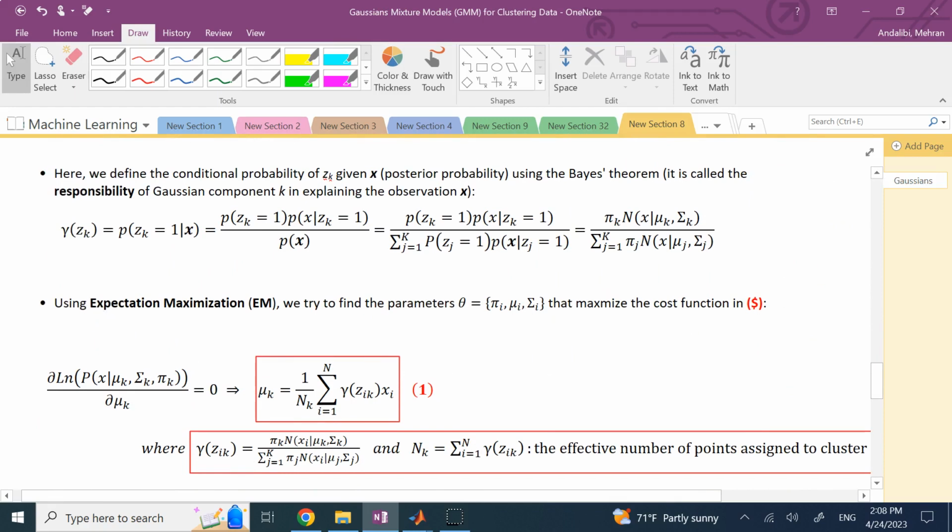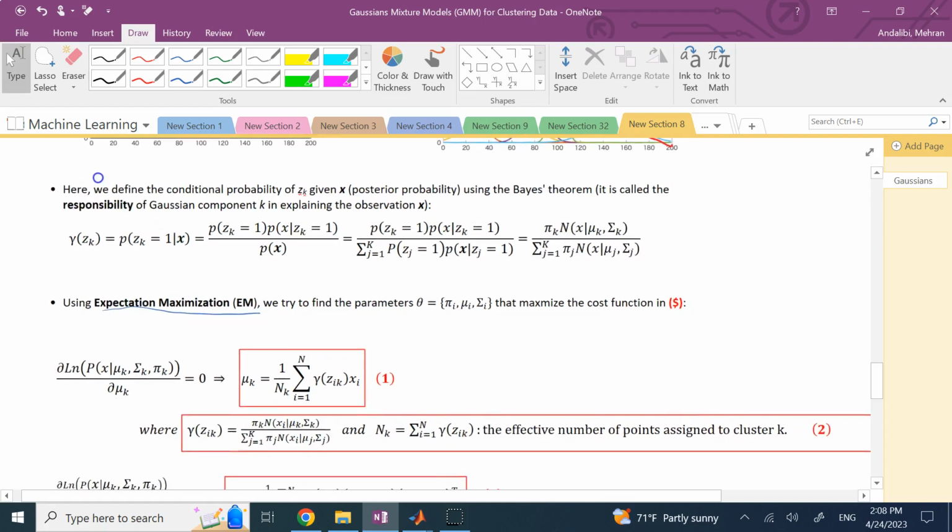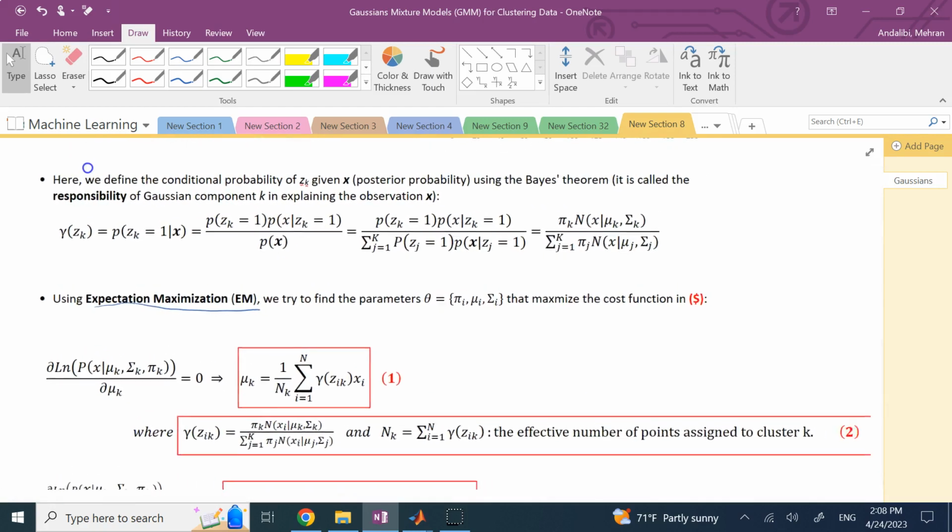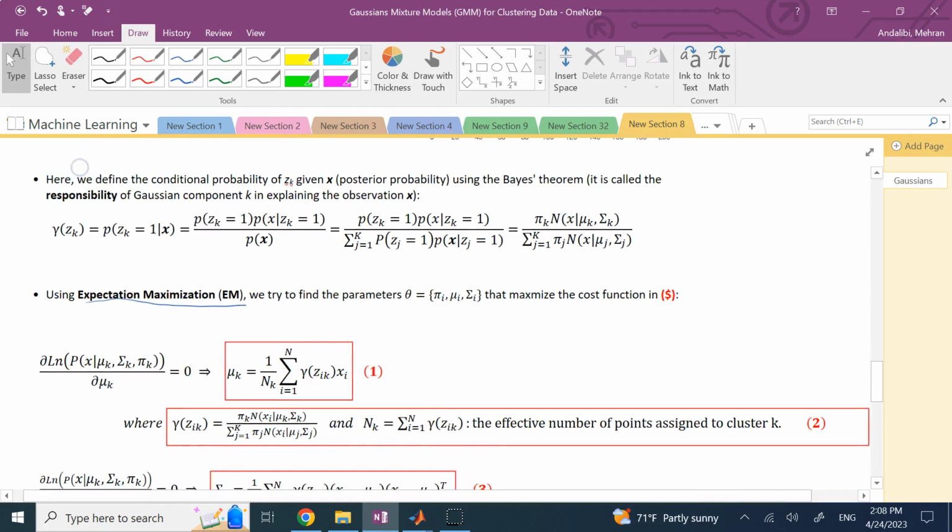Now, here there is one more thing I need to define, and then we talk about expectation maximization, or maximizing the likelihood function. How do we do that? Before that, I need to define one extra term for you, and that is called the responsibility of Gaussian component K in explaining observation X, or its posterior probability.